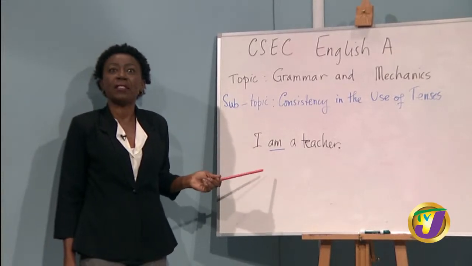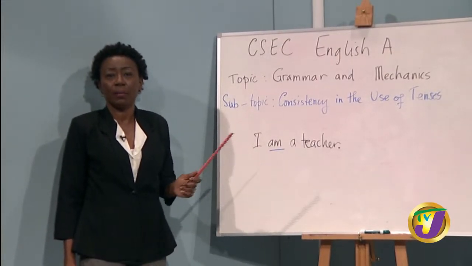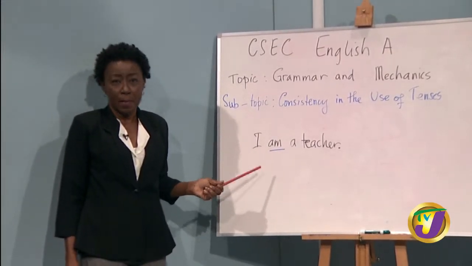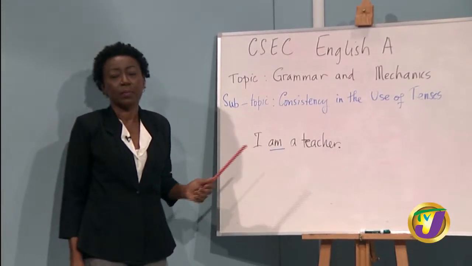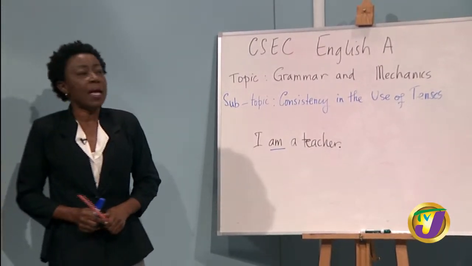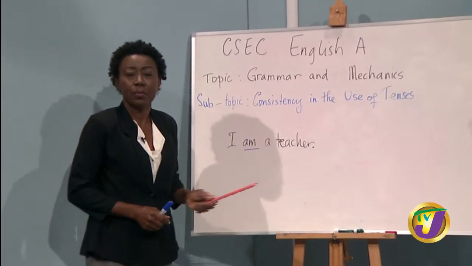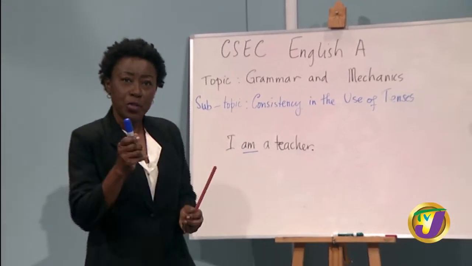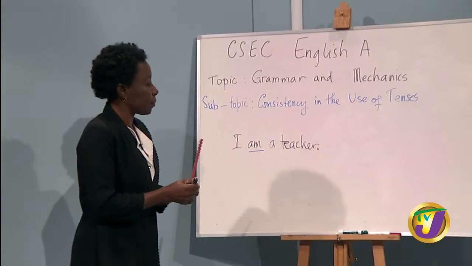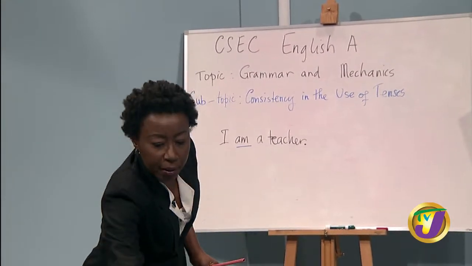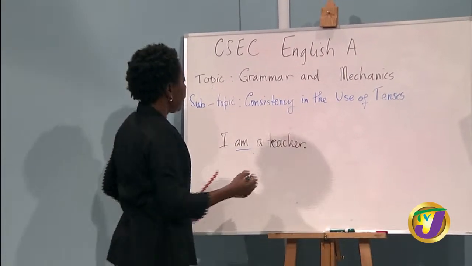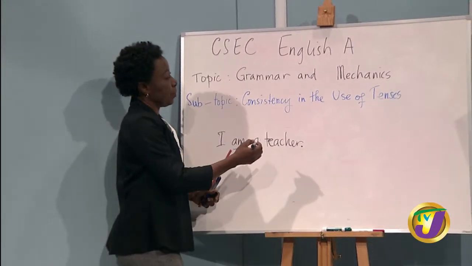The present tense being form, I. I am, present tense. I am going to now continue this in the present tense. So I'm going to continue writing with my other marker. I am a teacher.